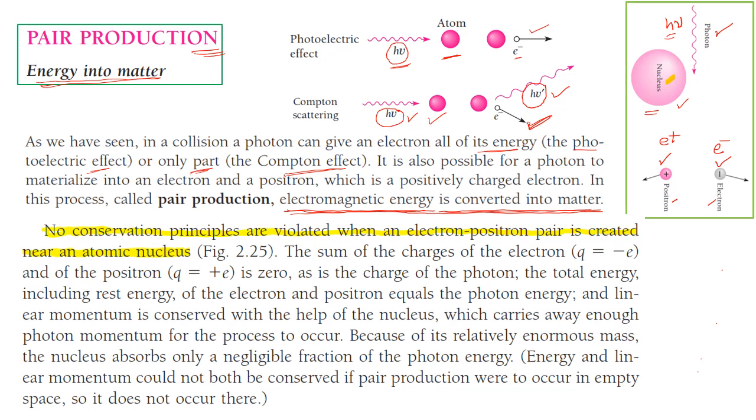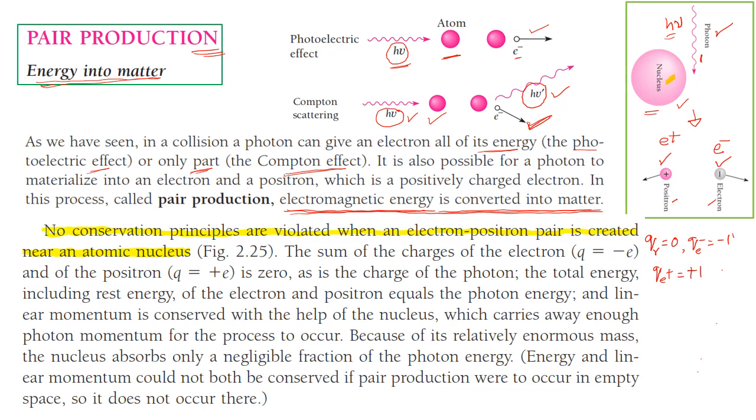So let us first take the conservation of charge. Initially the charge of the gamma is 0, because this photon is a neutral particle. Then when it comes and breaks into two particles, as you know, the charge of an electron is -1 and the charge of a positron is +1.